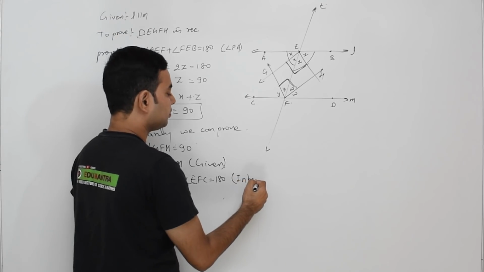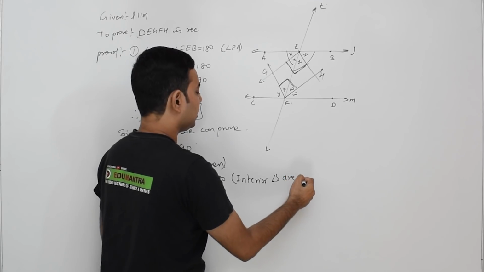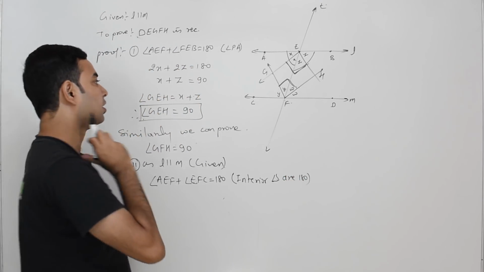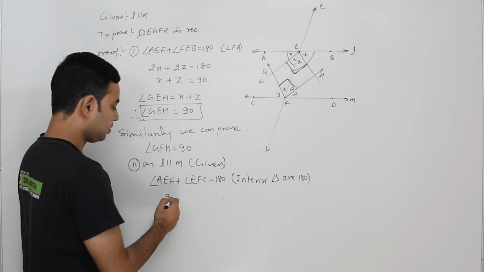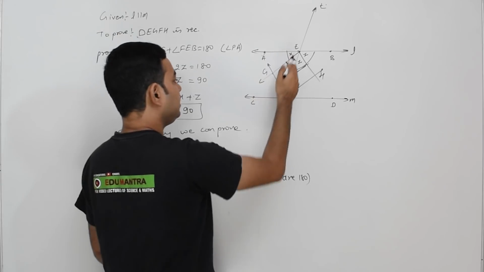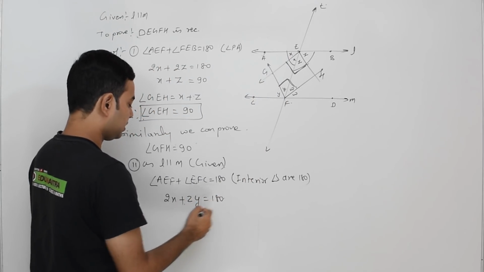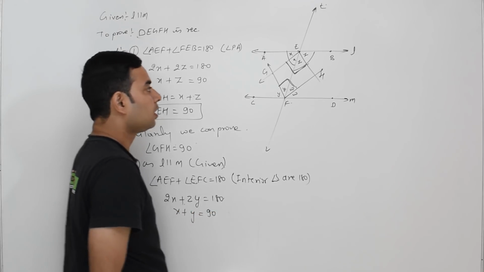Interior angles are 180, means interior angles are supplementary. So AEF is nothing but 2x and EFC is nothing but 2y, which is equal to 180. Again dividing by 2 means x plus y equals 90.